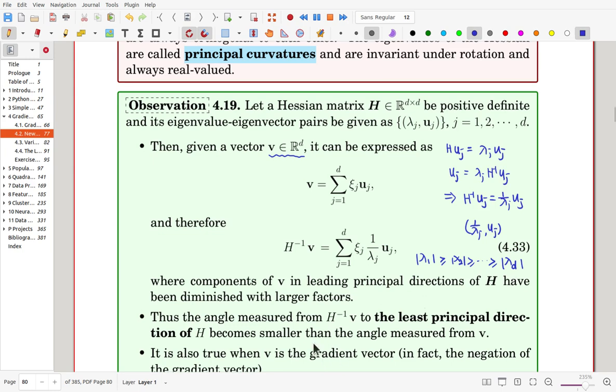So the angle measured from H inverse v to the least principal direction of H, corresponding to the smallest eigenvalue, becomes smaller than the angle measured from v. That means v is changing its direction after multiplication by H inverse toward the least principal direction.